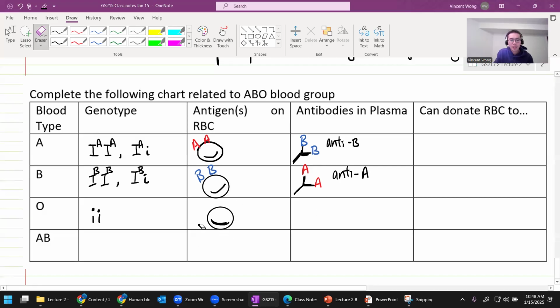And since you have nothing on the surface of the red cell, you're going to make two kinds of antibodies. Anti-A, anti-B. Because both of these would be foreign to you. And if you're type O, you cannot receive blood from A or B. Your antibodies will attack them.